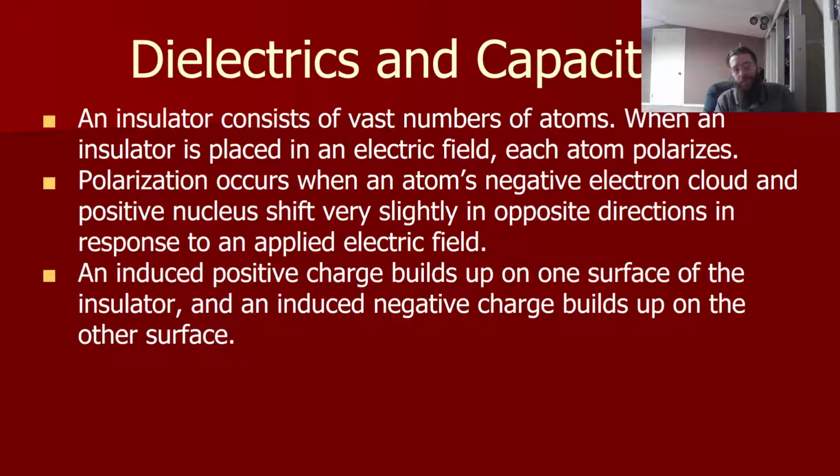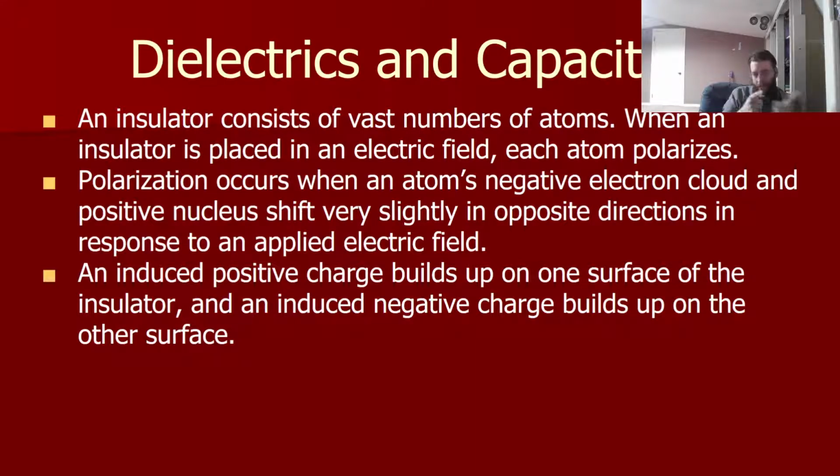What's really interesting is insulators are insulators because they don't let the charge move. But typically when you put an insulator into this very strong electric field in between the plates, what ends up happening is that the atoms in the insulator will actually polarize. Okay?